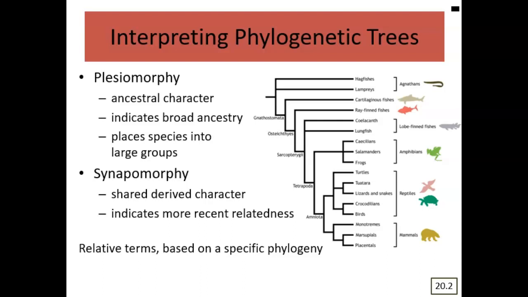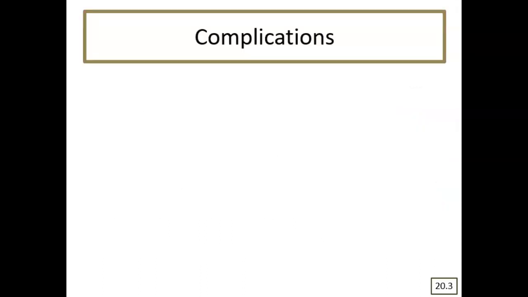Okay, so we've talked about the way that these species diverge from each other and are represented through this drawing known as a phylogenetic tree. Let me just mention that, like a lot of things in biology, there are some complications.